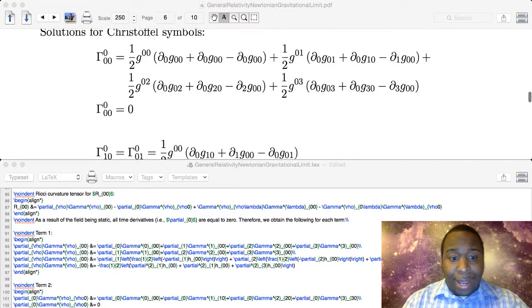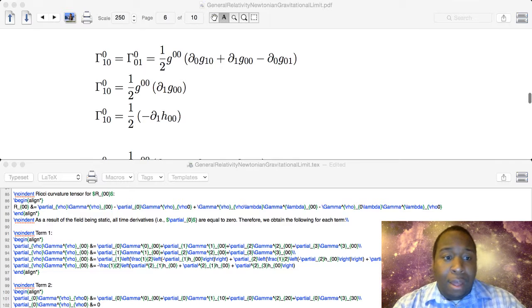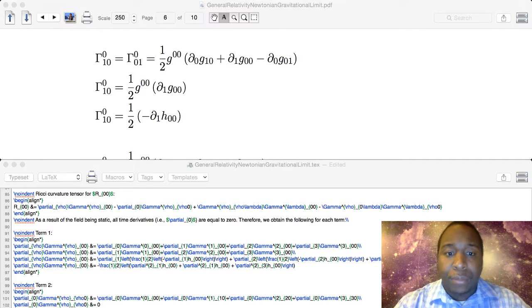But if we move on to the second term that I've defined here, the gamma superscript 0 subscript 1 0 term, and noting the fact that if you switch the values of the indices in the subscript, it's the same thing, we notice that again, we're not even going to concern ourselves with any term that has an off-diagonal contravariant metric element. None of those terms are showing up here.